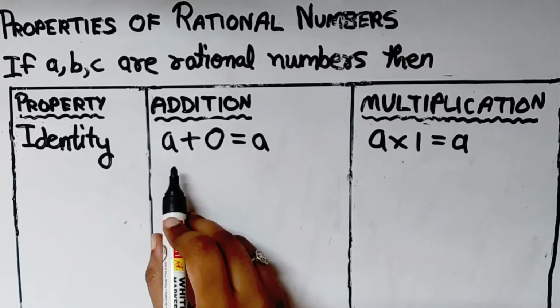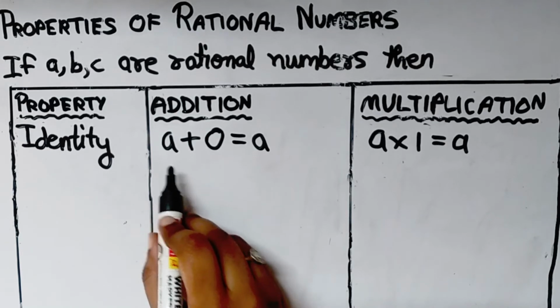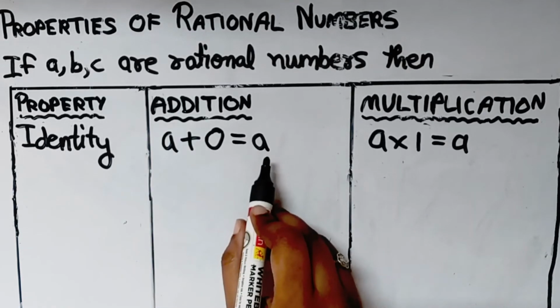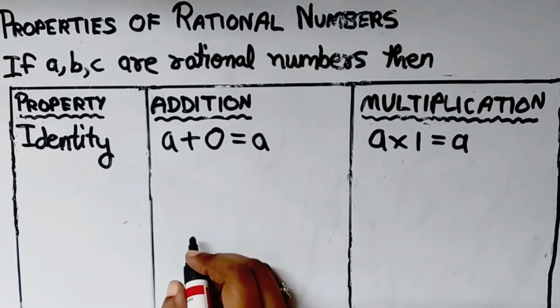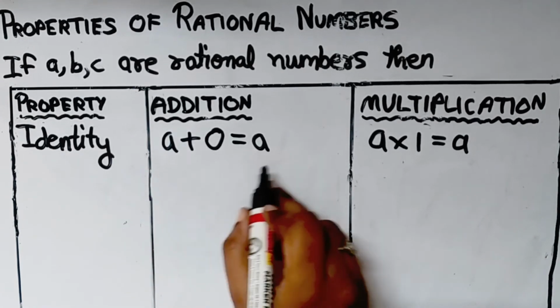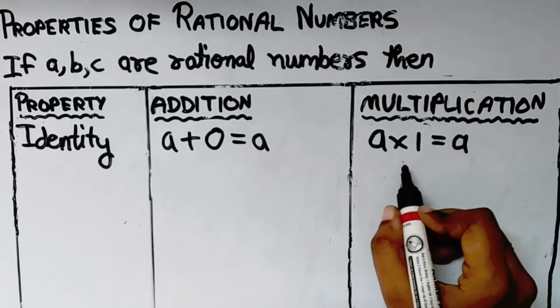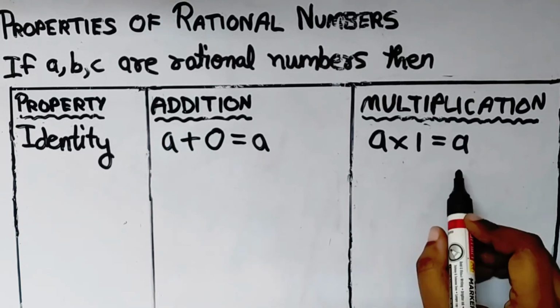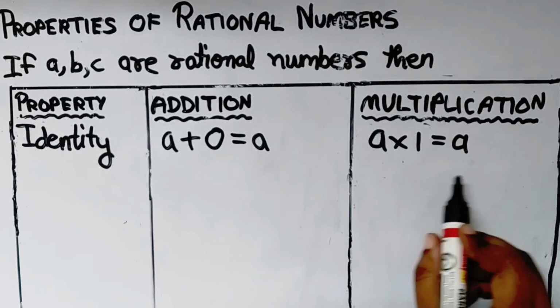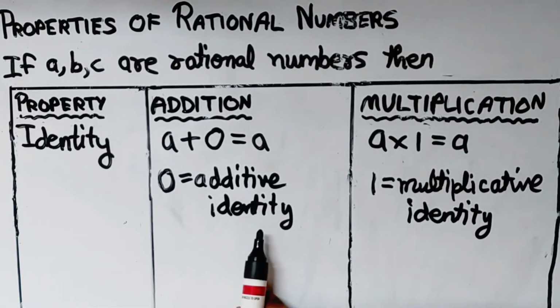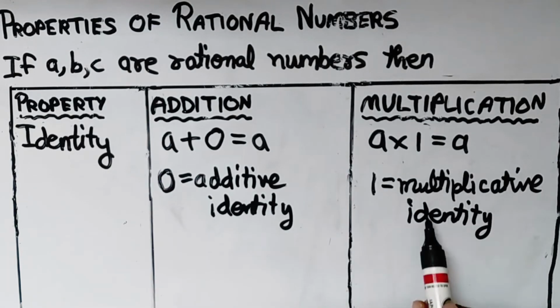If we add 0 to any rational number, we will get the same number, so 0 is called the additive identity. If we multiply any rational number by 1, we will get the same rational number, that is A. So 1 is the multiplicative identity.